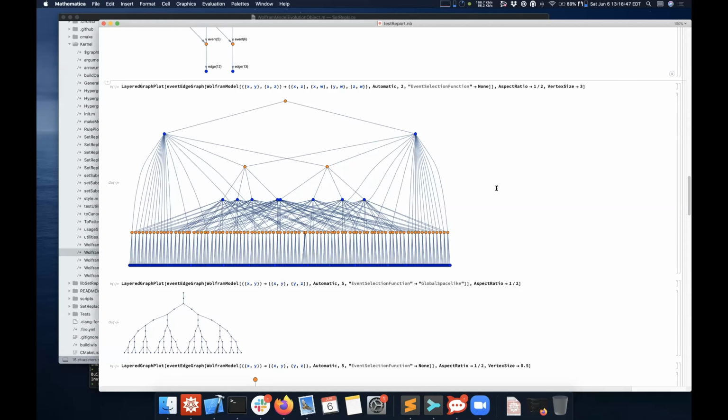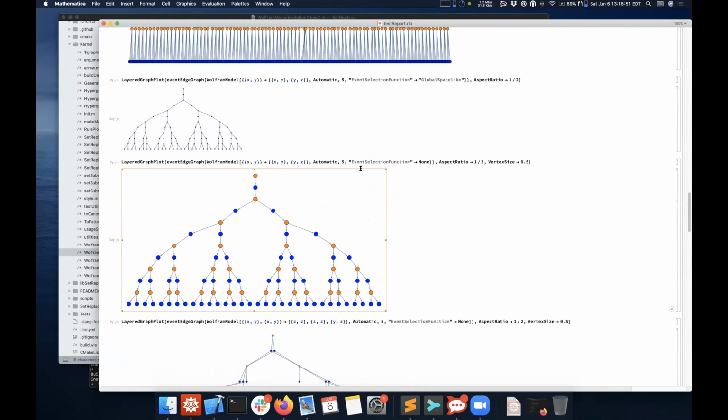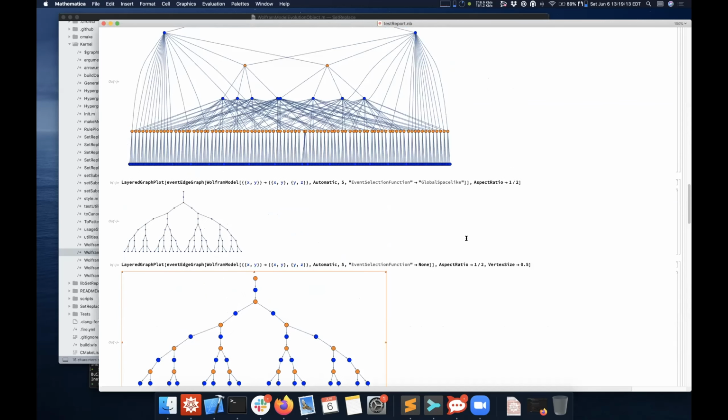Just as a matter of syntactic sugar, we probably should make some of the common things say multi-way, and when you ask for the multi-way version, it picks event selection function to none. Just as a matter of syntactic convenience.